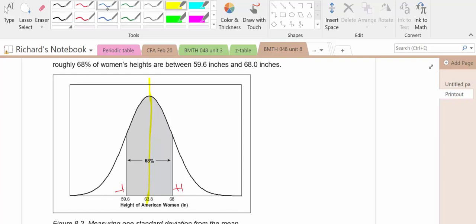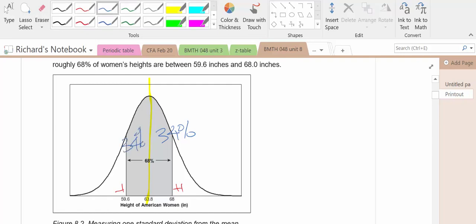What that means is that 34% of the height of American women lies between the mean and 1 standard deviation, and 34% of the data lies below the mean and 1 standard deviation below the mean. But in total, between 1 standard deviation below the mean and 1 standard deviation above the mean, there's 68% of the data.